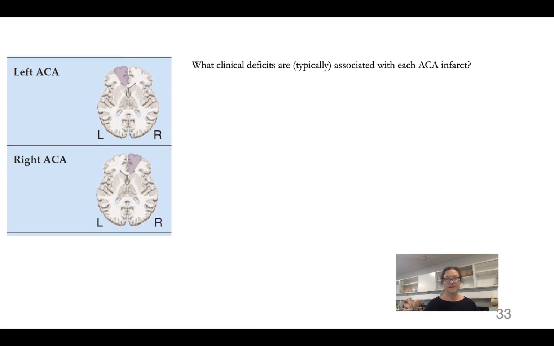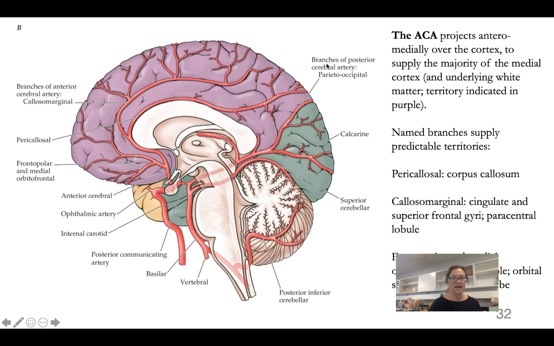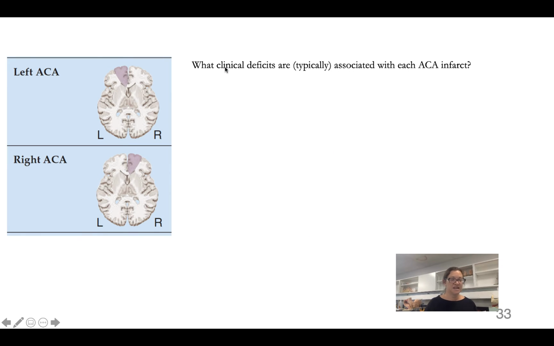Now, the deficits related to ACA stroke are sort of twofold. First, because the ACA branches are affecting the medial portion of the primary somatosensory and the primary motor cortices, you have sensory and motor deficits in which the legs are affected more than the trunk, the arms, and the face.